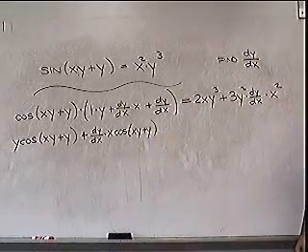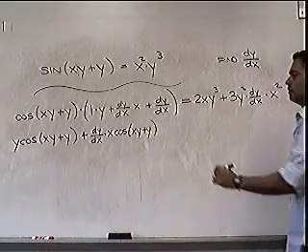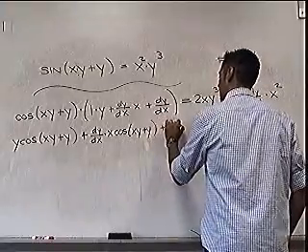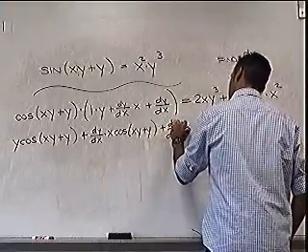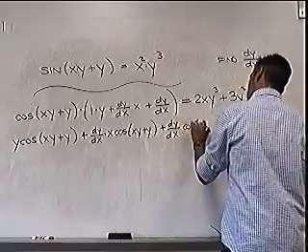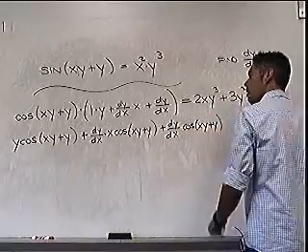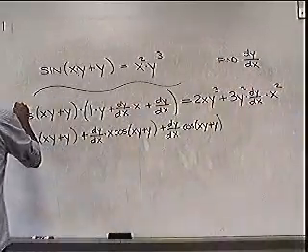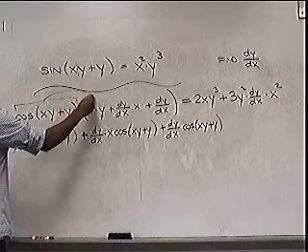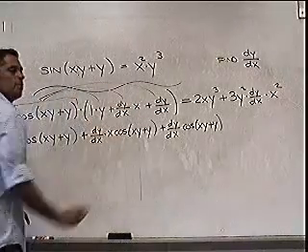Then what? Then y prime, or dy/dx times cosine xy plus y. Does everyone see that that's just distributing this big hunk of junk right here through those 3 terms?